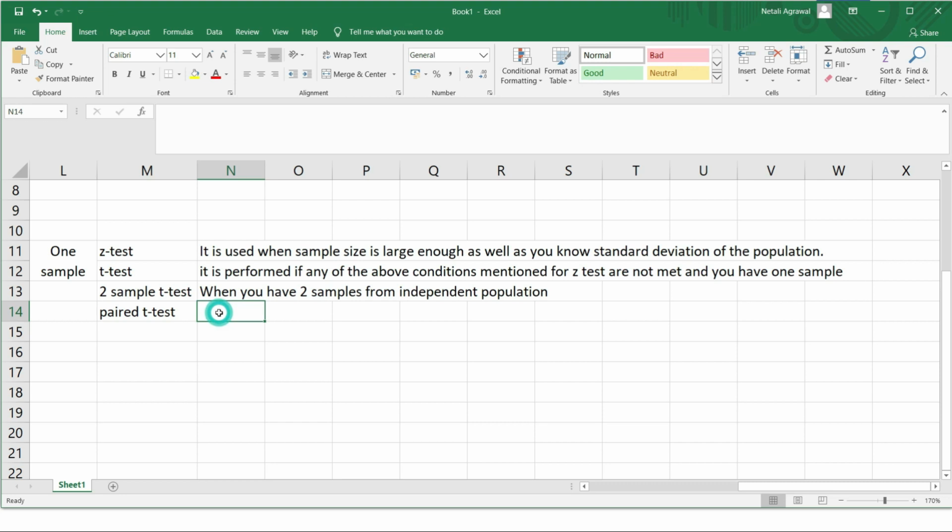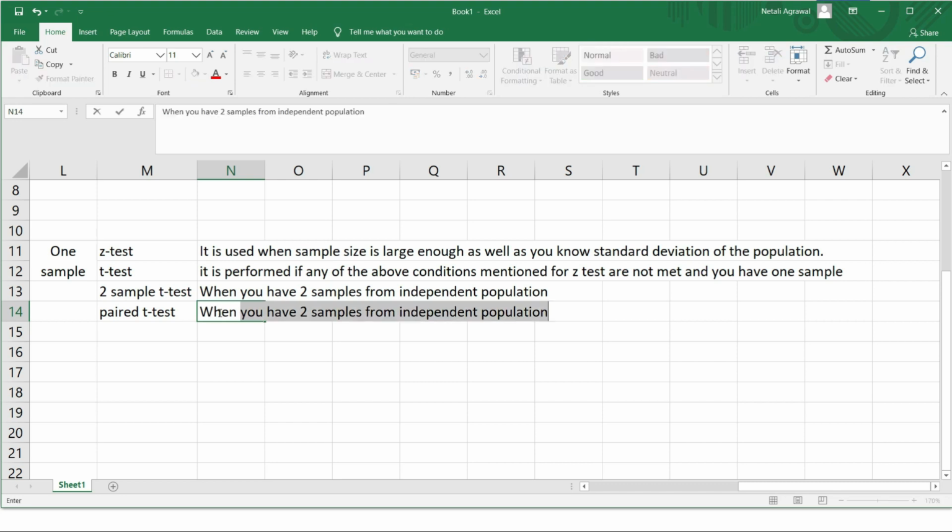What is a paired t-test? In a paired t-test, you take a sample, do a testing and record the observations before and after. So it is from the same population and the same sample, but before and after. It is a pair on that sample, the records are in pairs. That is known as a paired t-test.